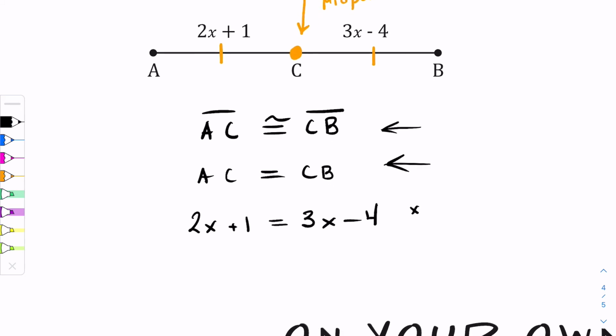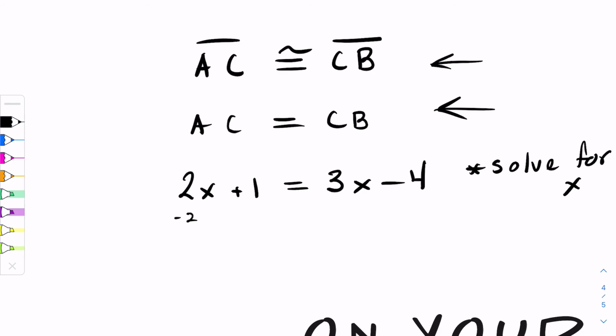And then you just solve for x. So solving for x, I'm going to subtract 2x from both sides. 1 equals x minus 4. Add 4 to both sides, and x is equal to 5.